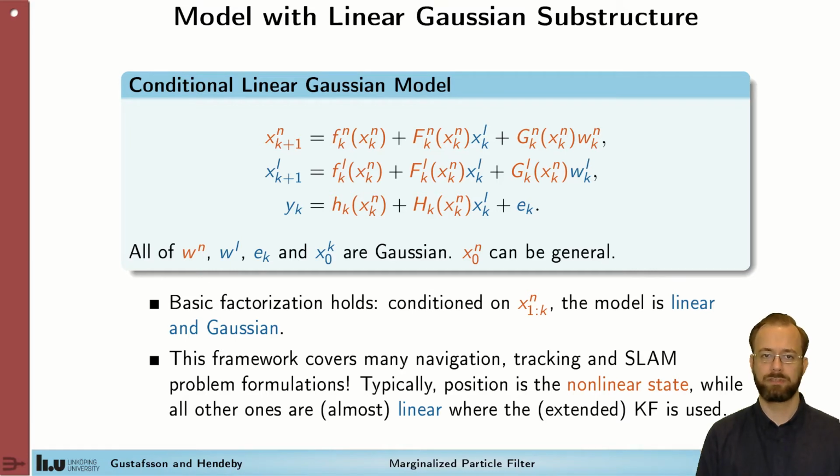These kinds of model structures are not that uncommon. In most navigation, tracking, and SLAM problems, we end up with this kind of model structure where the position itself is the nonlinear part, but velocity and accelerations that we might have in the state usually turn out to be linear.